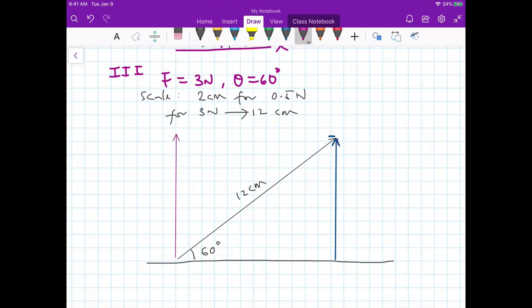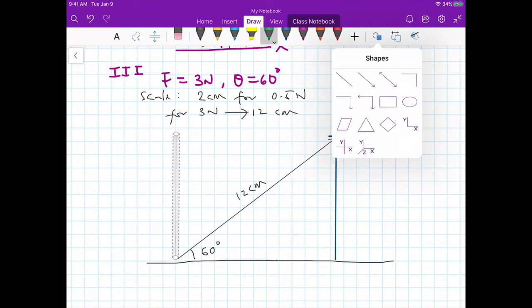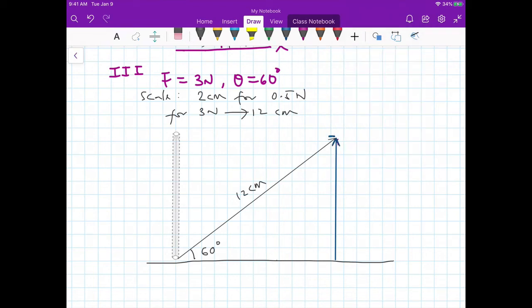So those two are x-axis components, and then y-axis components. So this will be the x component.